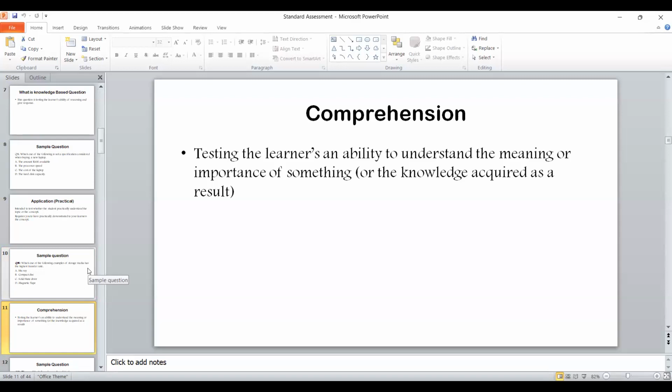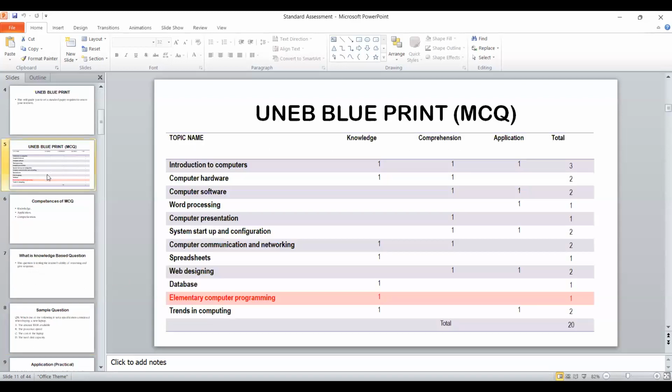When you say green computing, can the student define green computing? And that's what we mean by comprehension. When you go back to the blueprint, you realize the introduction to computers, computer hardware, presentation, system startup, computer networking, then web design is going to be about comprehension.